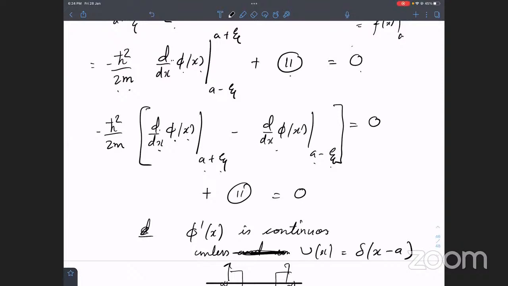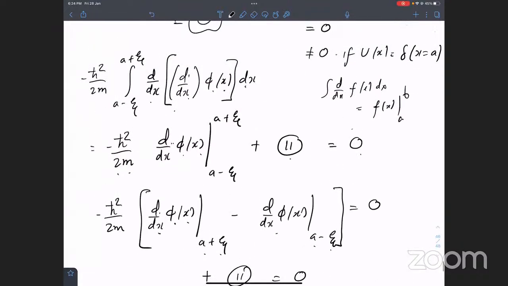Now we don't allow the wave function itself to have a delta function, right? Why do we not allow that to happen?